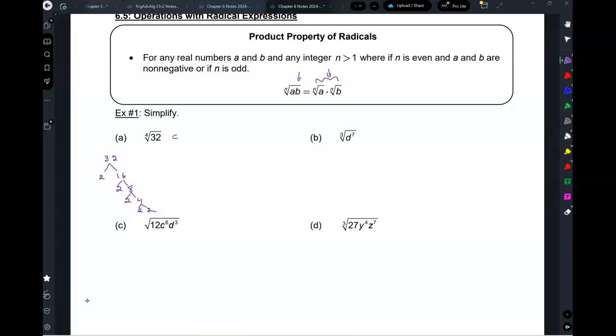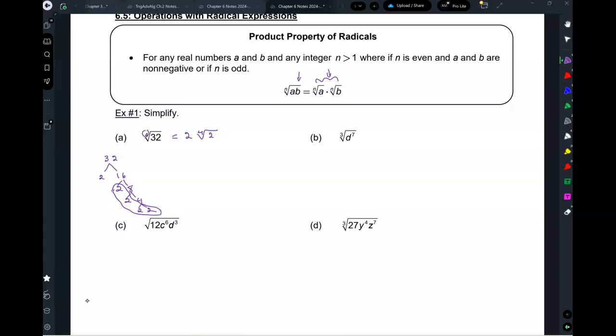Since the index is 4, we have to group these by 4s. So those 4 come out as a single 2, and that 1 will stay under the fourth root. Remember, it's a fourth root. It stays a fourth root. You can't change that.